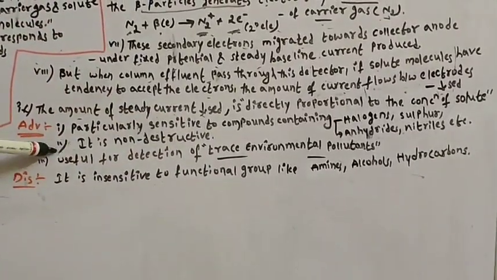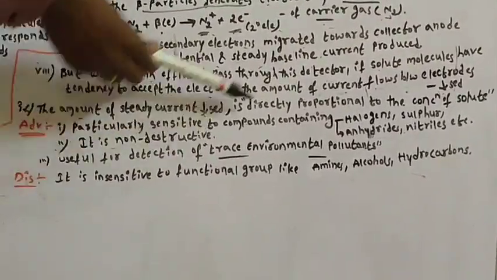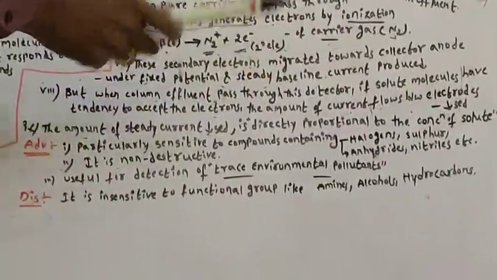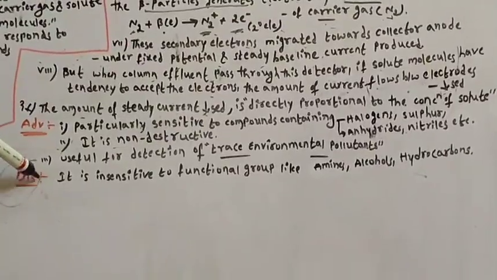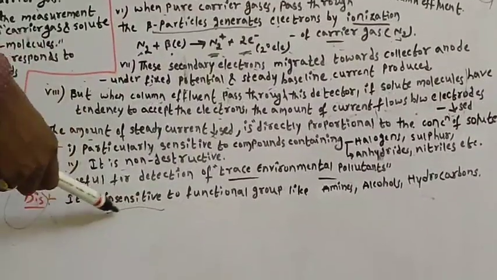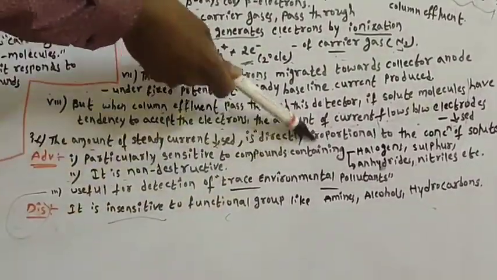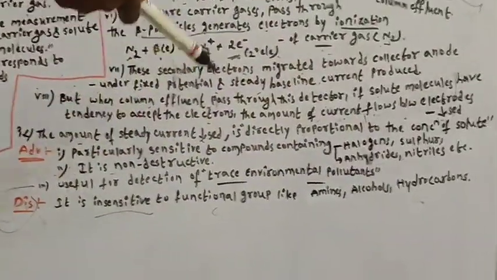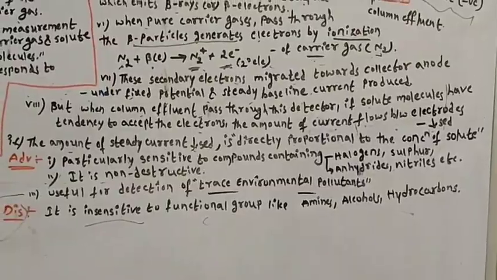Third, it is useful for detection of trace environmental pollutants. The only disadvantage is that it is insensitive for functional groups like amines, alcohols, and hydrocarbons.